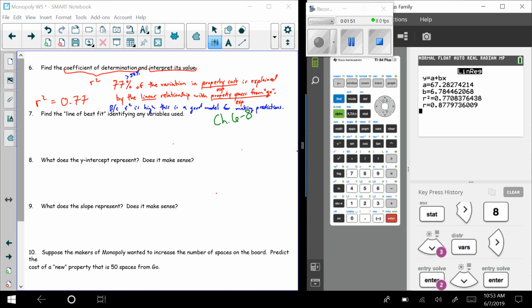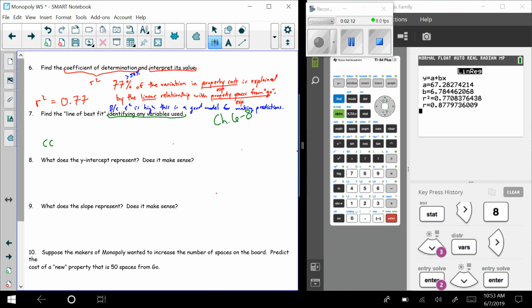So here when I'm plugging things in though, I want to write it in context, because instead of identifying variables being used, I would rather just write it in context in general. So what I do is this y is a prediction. And y, what are we predicting? Well, we're predicting the cost.